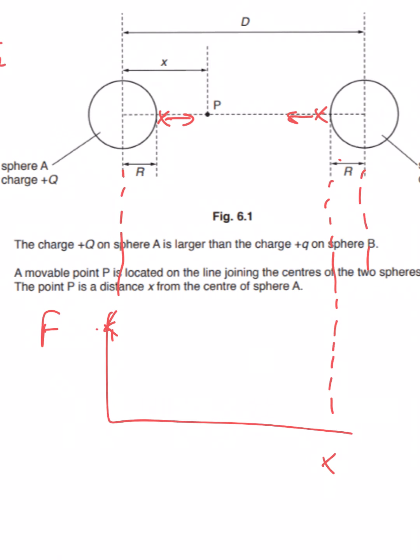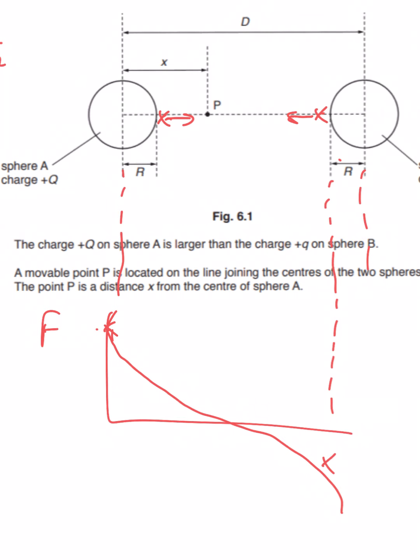The gradient, if anything, is going to be a curve more like that, isn't it? Yeah, that's the kind of thing I'm going to get with my force graph. Because, as I say, I'm doing work against it.